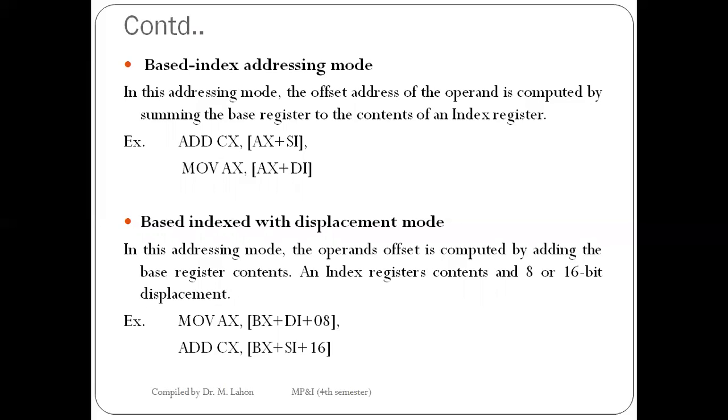In the based indexed with displacement mode, you can use the base registers BX or BP, plus SI or DI, plus an 8-bit or a 16-bit displacement. So these are the different addressing modes. Addressing modes means specifying the operand of the instruction using different methods. These are the 8 addressing modes.